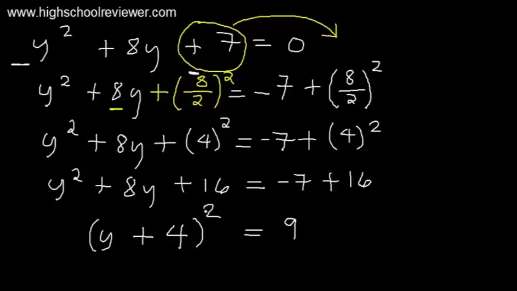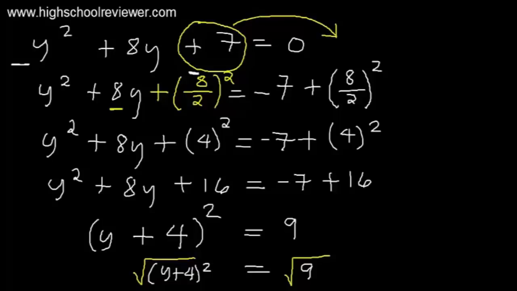To remove the power of 2 here, we need to get the square root of both sides. This will now be the square root of the quantity y plus 4 raised to the power of 2 equals the square root of positive 9.